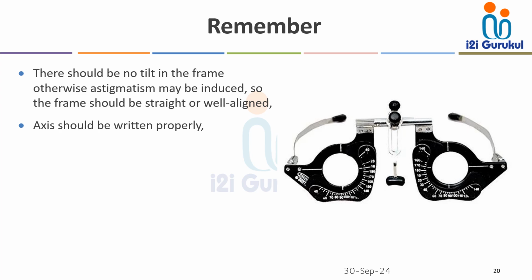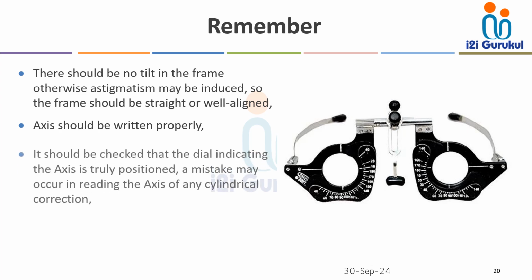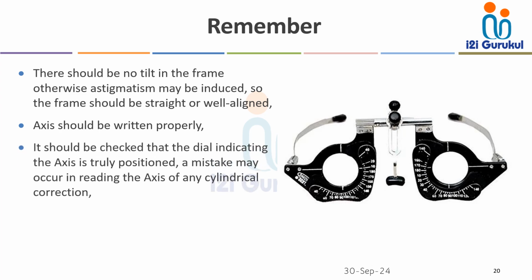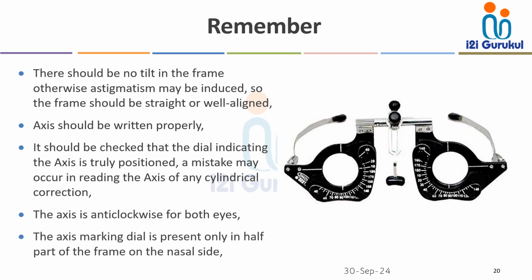The axis should be written properly so that you can read it easily during axis identification or rotating the axis during your refraction process. It should be checked with the dial indicating the axis is truly positioned. A mistake may occur during the axis of cylindrical correction. And the axis is anti-clockwise for both eyes, and the axis marking dial is present only in the half part of the trial frame, that is on the nasal side.